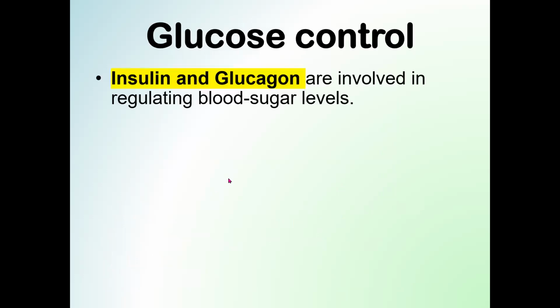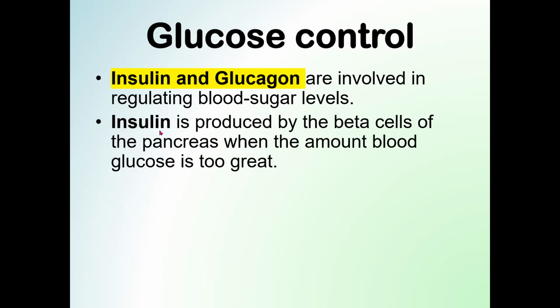So this is where glucose control in the body comes in. Insulin and glucagon are both produced in the pancreas, and these are the endocrine products, and they're both involved in the regulation of our blood sugar levels.